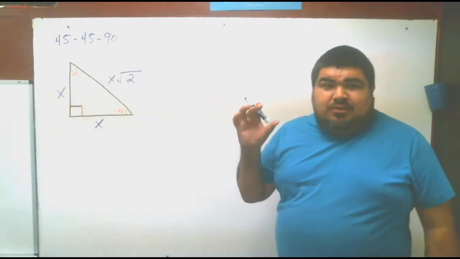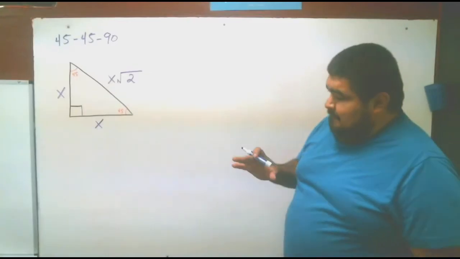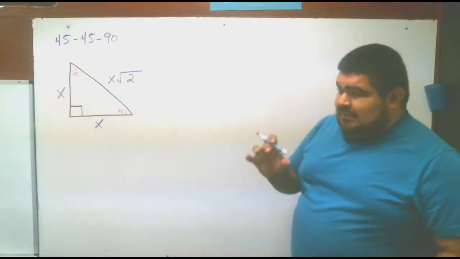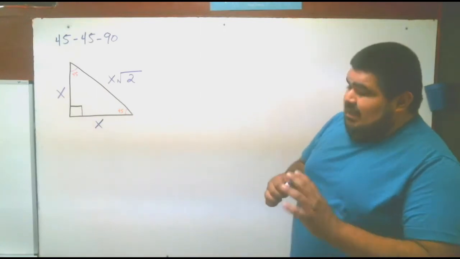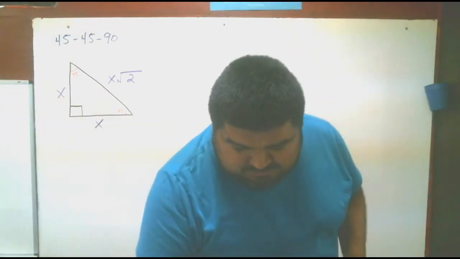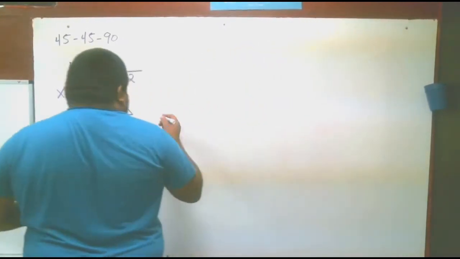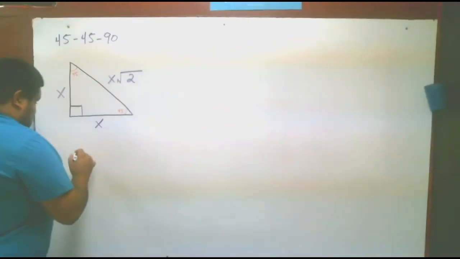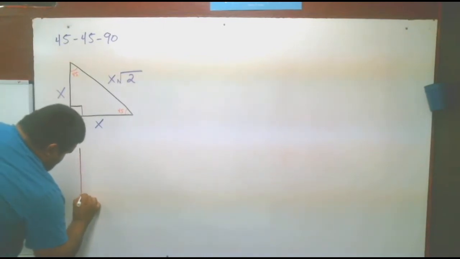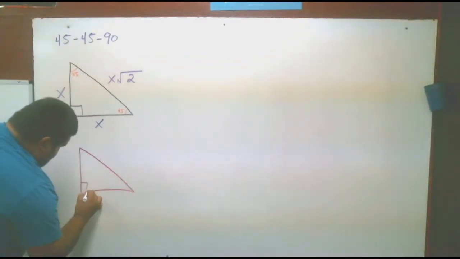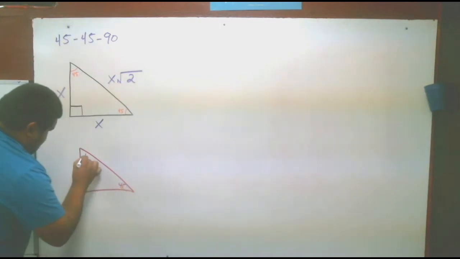So it looks kind of confusing. It's really not. For example, if I have a triangle, again, we have a triangle that's 45, 45.